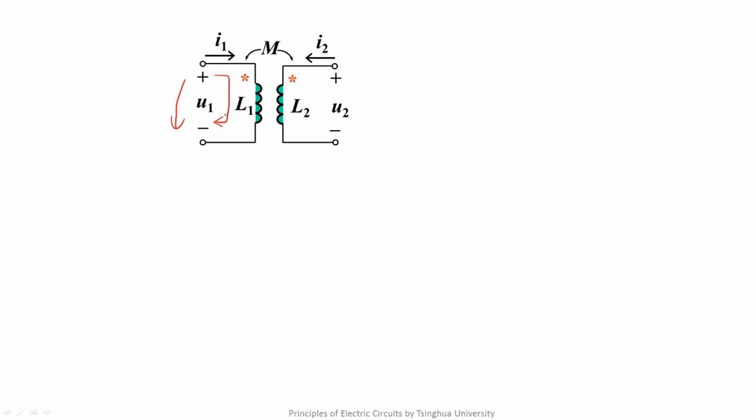For the self-induction item, we know that U1 and I1 are associated reference directions, so we have this. From the viewpoint of the mutual induction, the current of coil 2 flows into the dot, while the direction of the path is positive above and negative below, so the induced voltage is positive. We use KVL for coil 2, the path is like this. Using a similar method, we can get that.